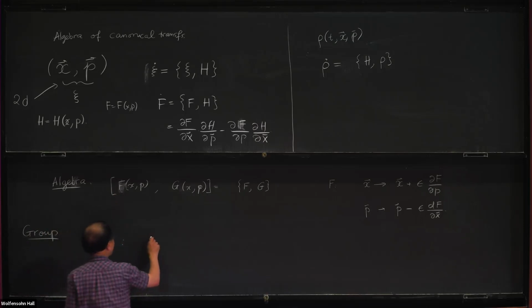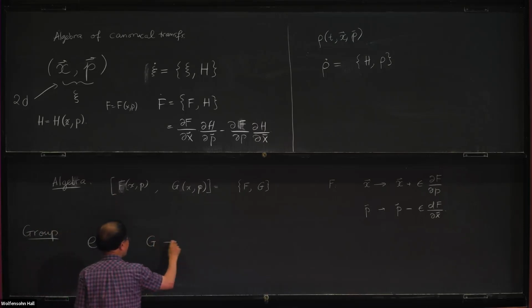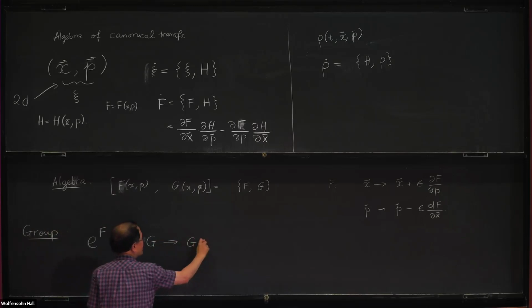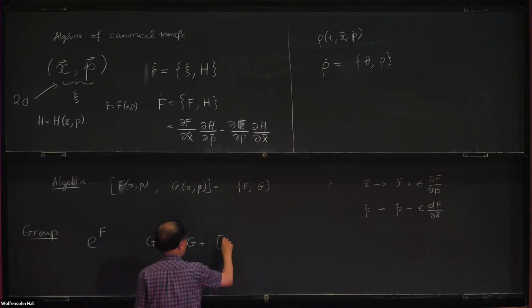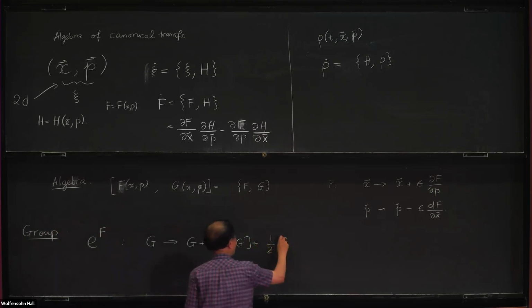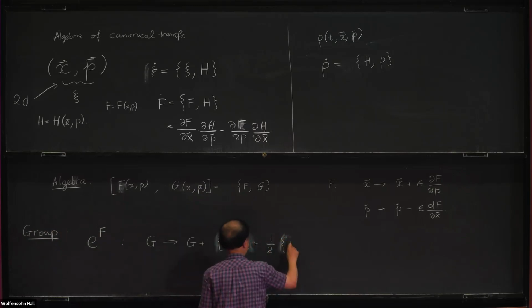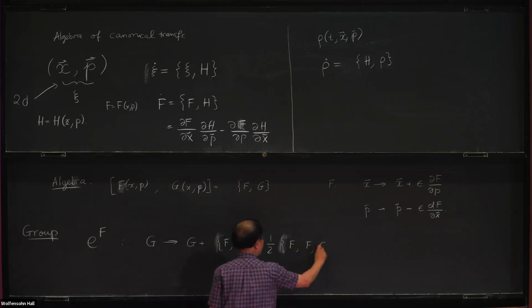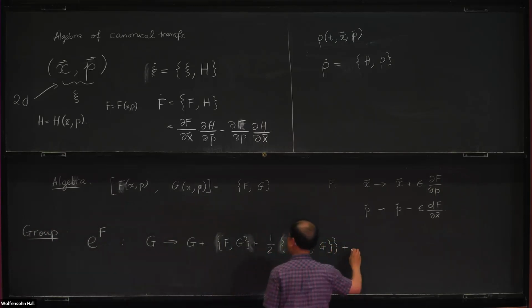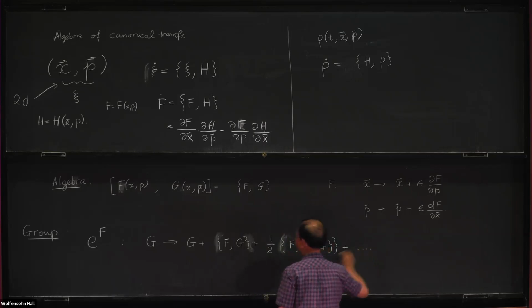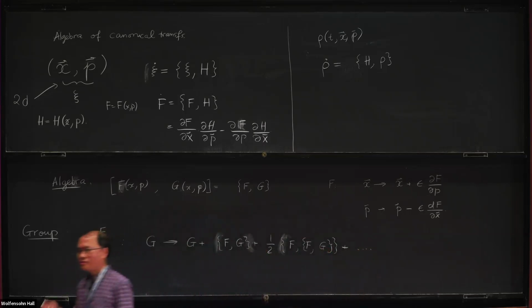If I act that on the function g, it will map g into g plus the Poisson bracket of f and g, plus one half... Sorry, let me write the Poisson bracket. F, g, plus the Taylor series.